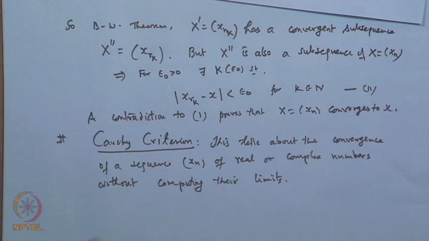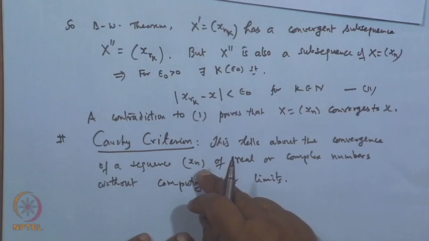Because what happens is, if the sequence x n is given, then one can easily identify by taking the limit. If the limit exists and comes out to a finite quantity, then we say the sequence is convergent. But if the limit goes to infinity or does not exist, meaning along different subsequences there are different limits, then we say the sequence diverges.